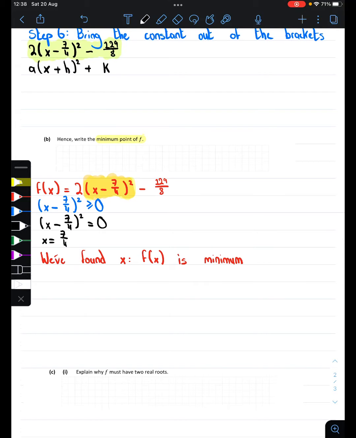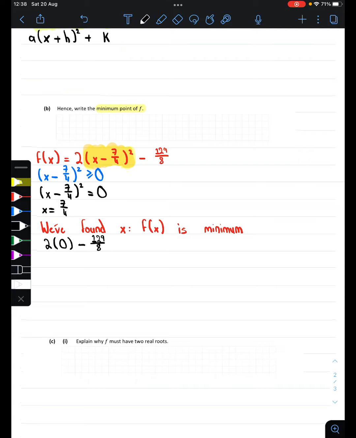We made that x term 0, so we've got 2 times 0, and then there's the minus 129 over 8. And so we just see that the minimum value of f is minus 129 over 8. We can't make it any smaller than this. So this is our minimum point of f.